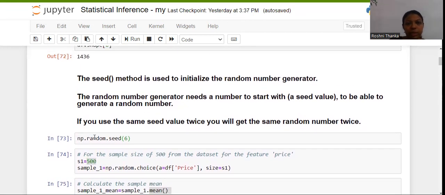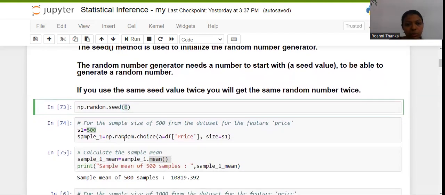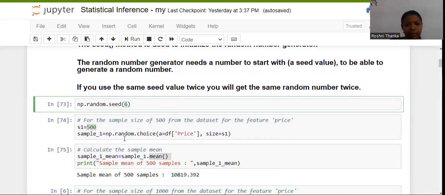To generate the sample, I'm going to use the random function with a seed. With the help of the seed number, the random value will be generated. The value can be 6, 10, 12 or anything; you can try different values. If I give a seed value, I will get the same random number again and again, so next time when I run it, I'll get the same value.